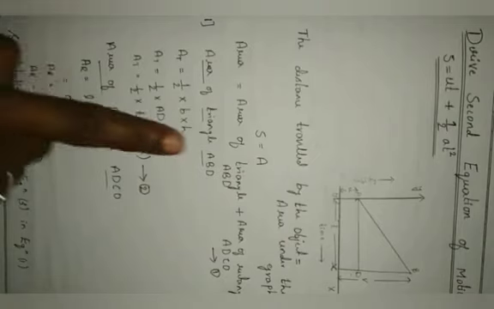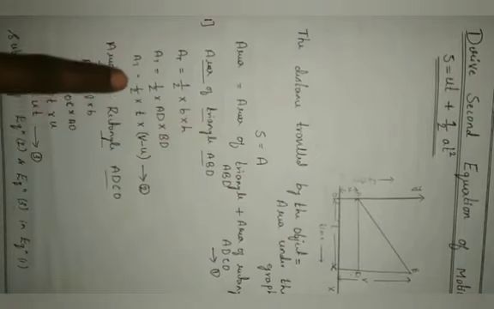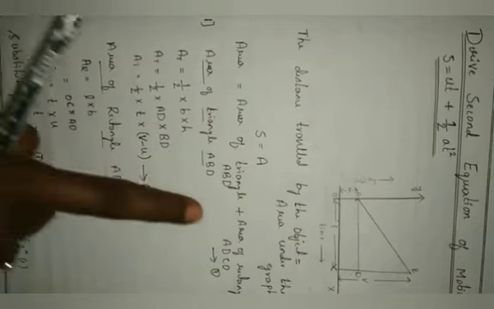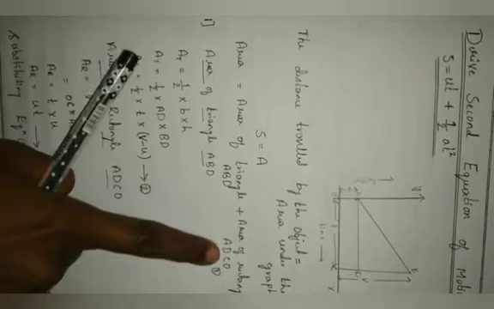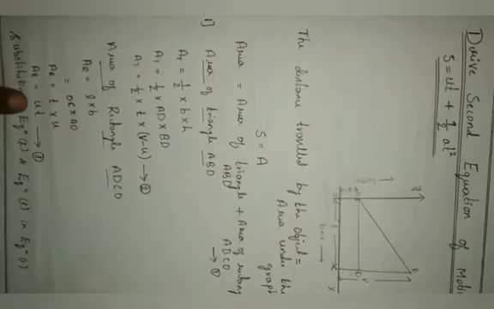So in equation 1, area of triangle is half into t into v minus u, plus area of rectangle u into t.